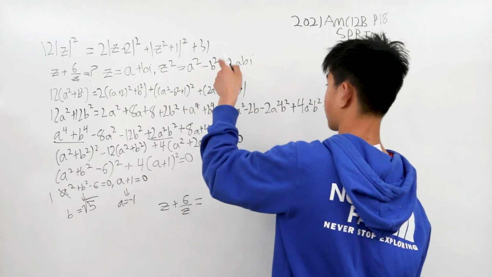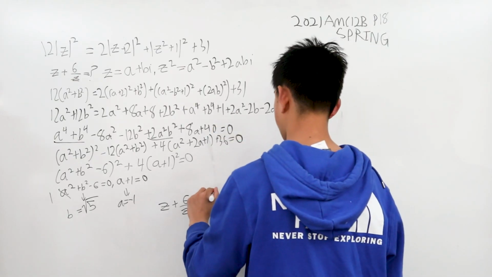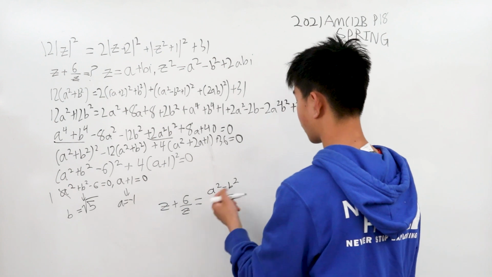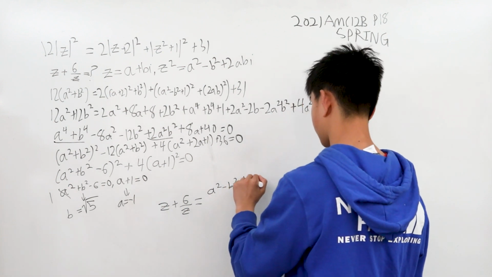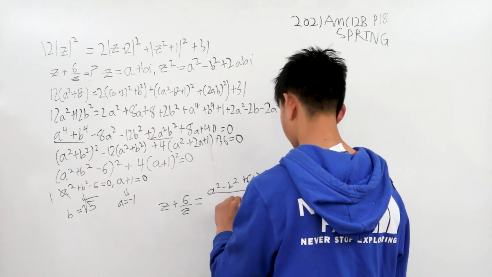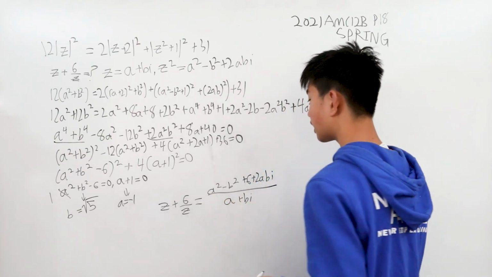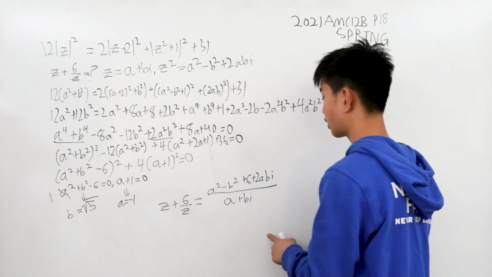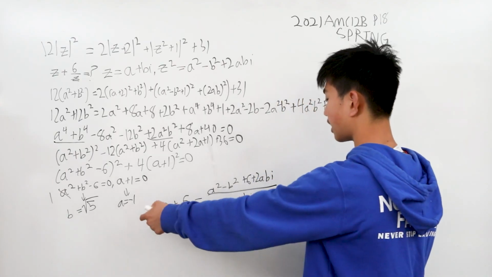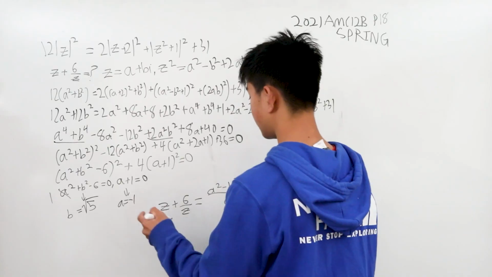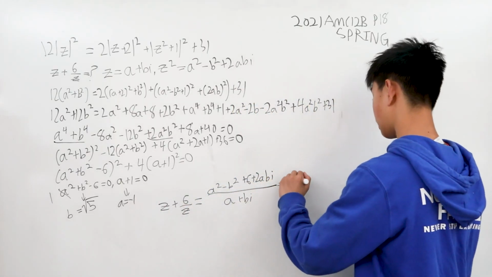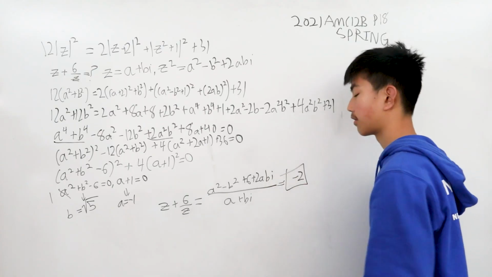Z squared, as shown above, is a squared minus b squared plus 2abi, over a plus bi. And then it's fairly simple to plug in the terms, and the terms with i will cancel out. So when you plug in a is negative 1 and b is equal to the square root of 5, you get that this is equal to negative 2, our answer for this problem.